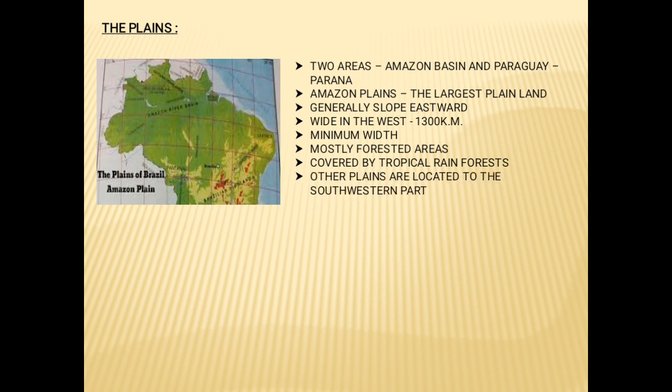The other plains in Brazil are located in the southwestern part of the highland. They form the source region of the Paraguay and Paraná rivers. The source region of Paraguay slopes towards the south, while the source region of Paraná slopes towards the southwest.